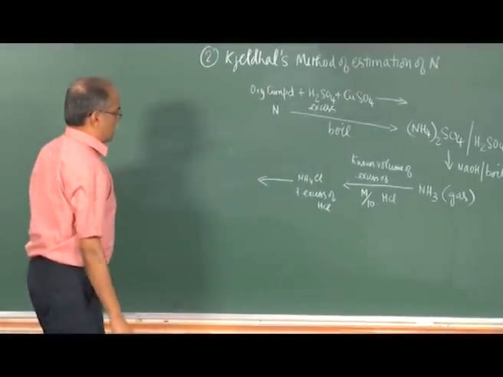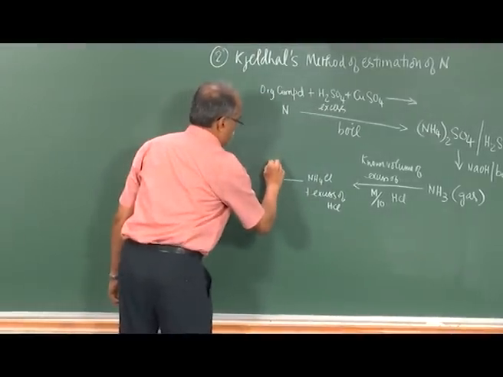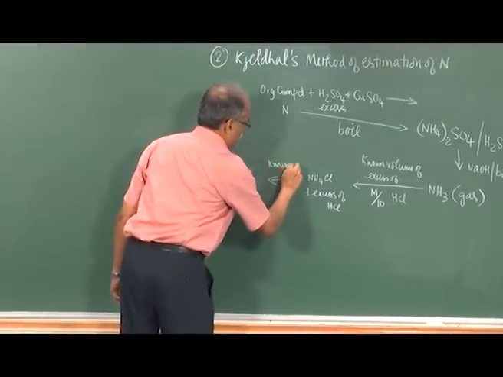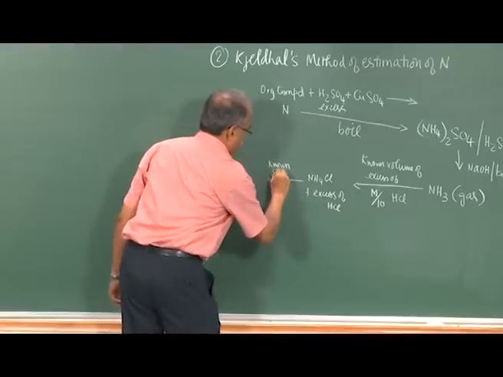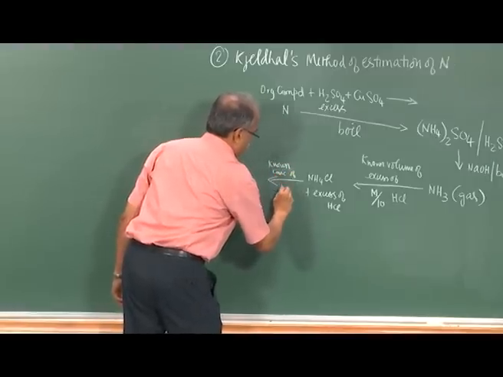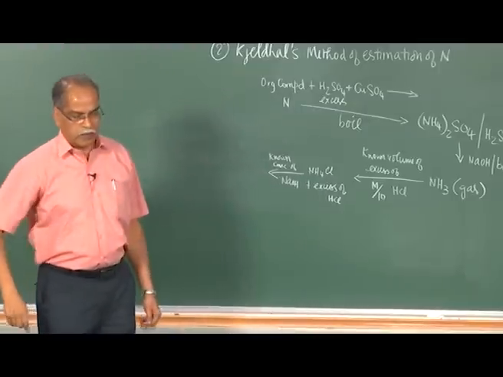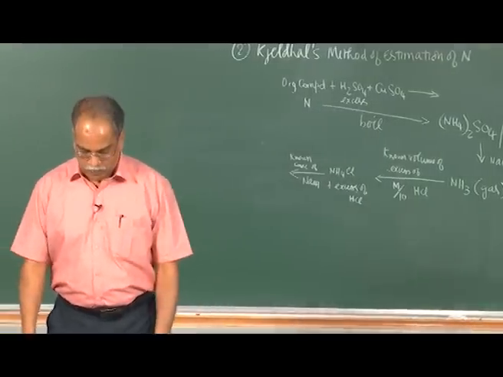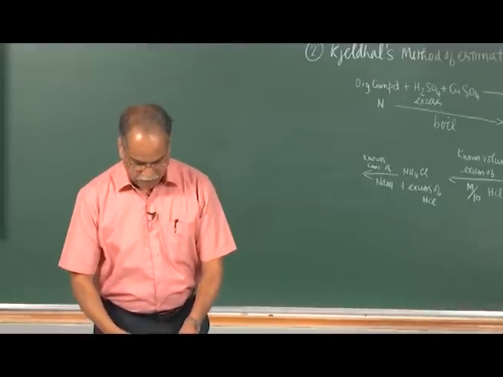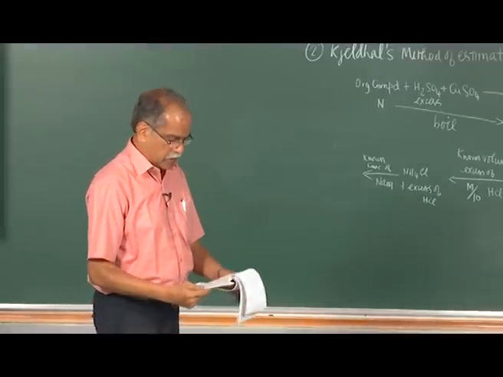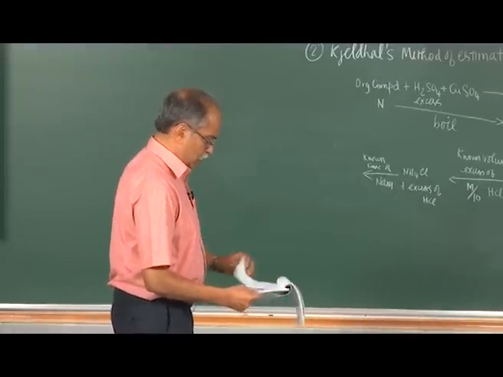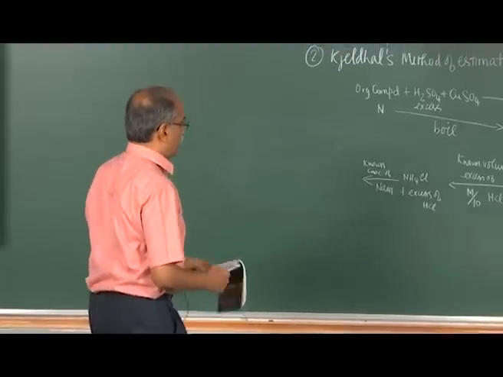This is once again neutralized with known concentration of sodium hydroxide. So, essentially what you are doing is a back titration methodology in order to estimate the amount of substance that is being converted into ammonia in an organic molecule.